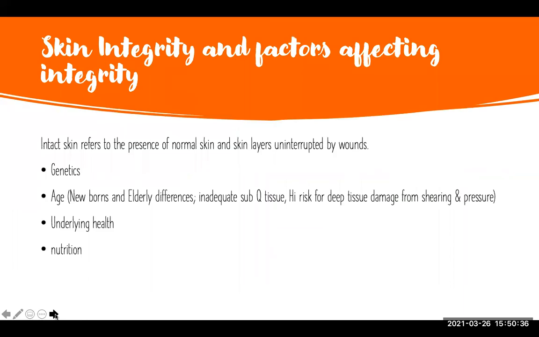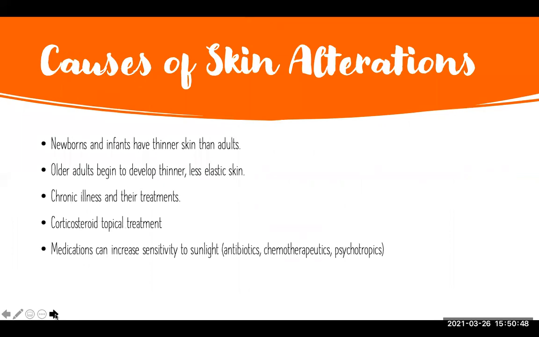So, factors that affect the skin's integrity. In general, genetics, age, underlying health, and nutrition are the main things that affect our integrity. The very young and the very old are at greatest risk for skin integrity problems. The very young, like newborns, have immature skin.